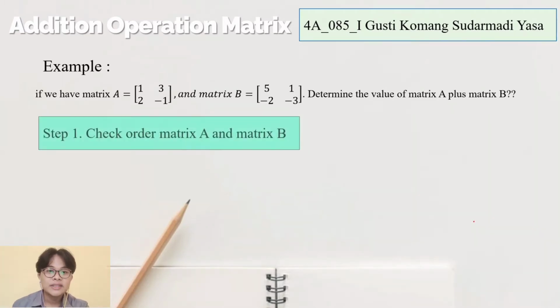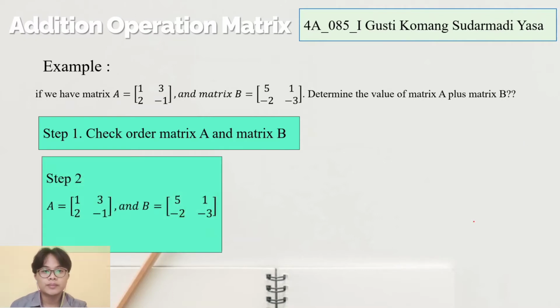Okay, the first step is to check whether matrix A and matrix B have the same order. As the result, A and B have the same order. Then, the addition operation can be performed.